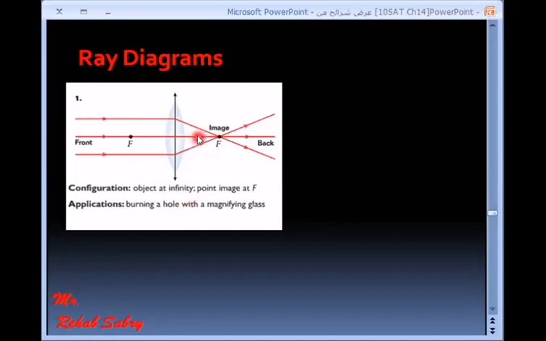The rays coming from these far objects will meet each other at the focal point. So the image will be a point image at F. The application is burning a hole with a magnifying glass.